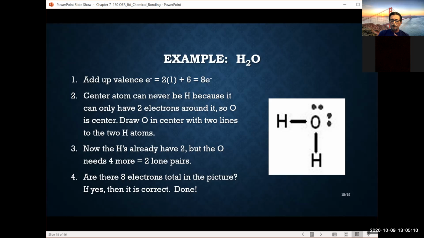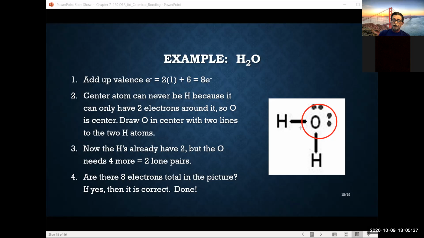If we go back and check to make sure you still have 8 valence electrons total, and if we count around just oxygen itself, hold on 1 second. If we just look at oxygen itself, we'll see there's 8 around it. 4 of them are being shared with the hydrogen.